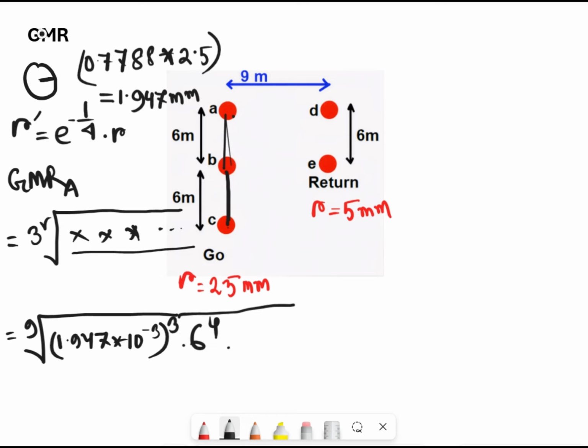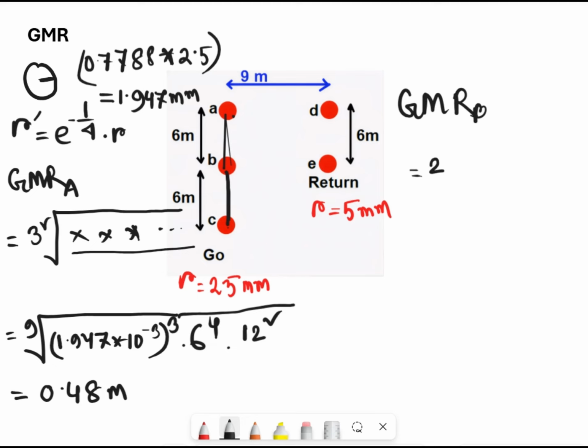Again A to C or C to A, there are 2 distances, which is 12. 6 plus 6 is 12, so 12 square. After calculating, we will have the value 0.48 meter.